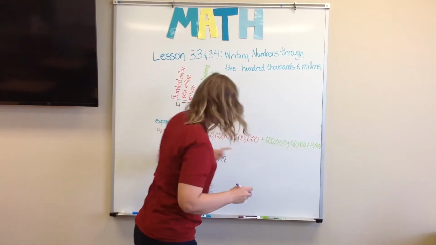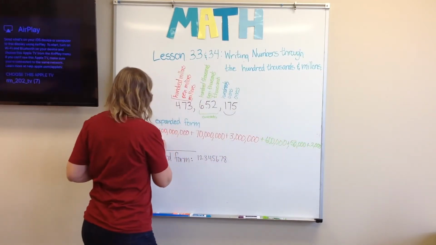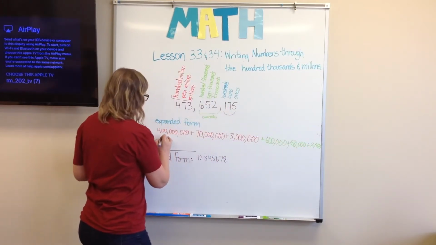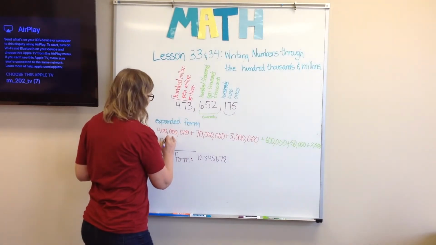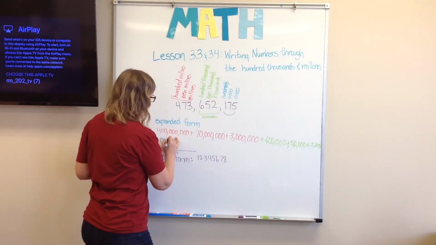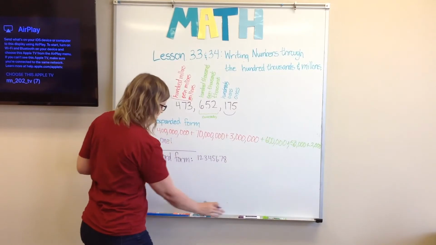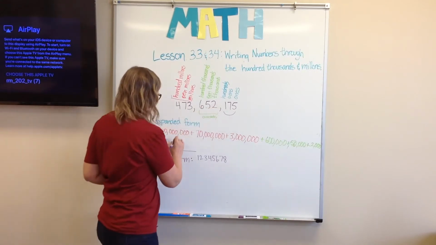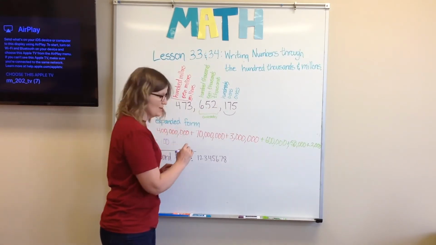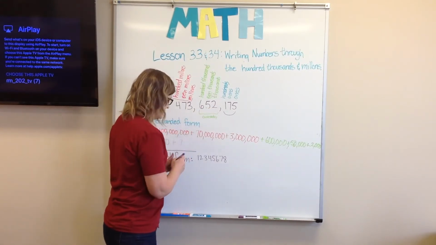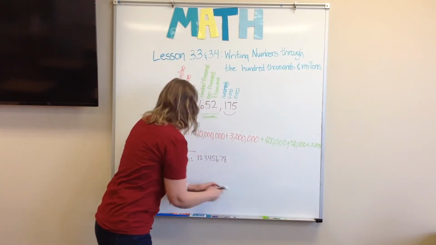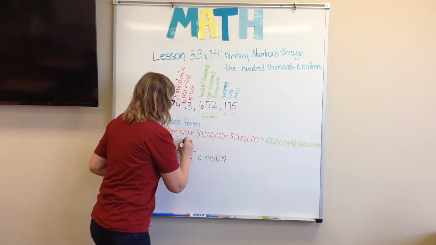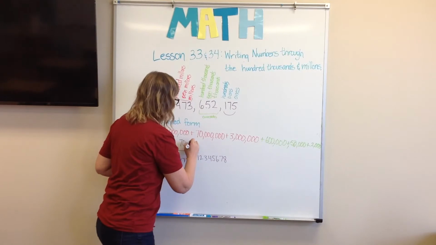Because I'm running out of space, I'm going to add right here. We're going to say 100, plus 7 tens, which we know is 70, and then plus 5 ones.